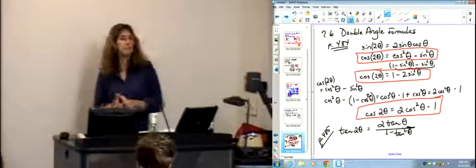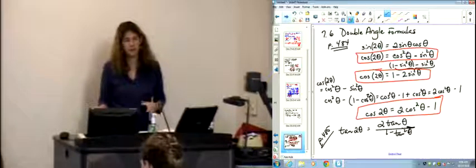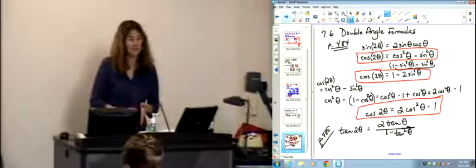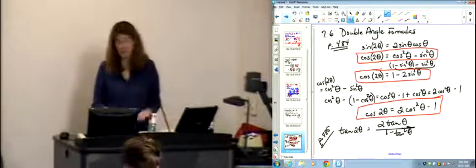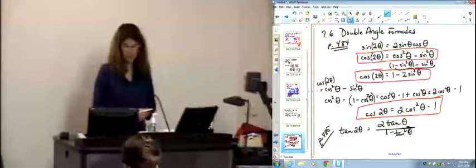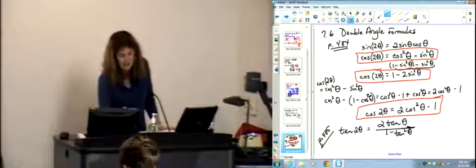All right, these are not going to be too bad for you to use. These double angles are probably going to be kind of a relief, less work overall from what we've been working with, the sum and difference formulas. So these are going to be maybe a breather, I guess.